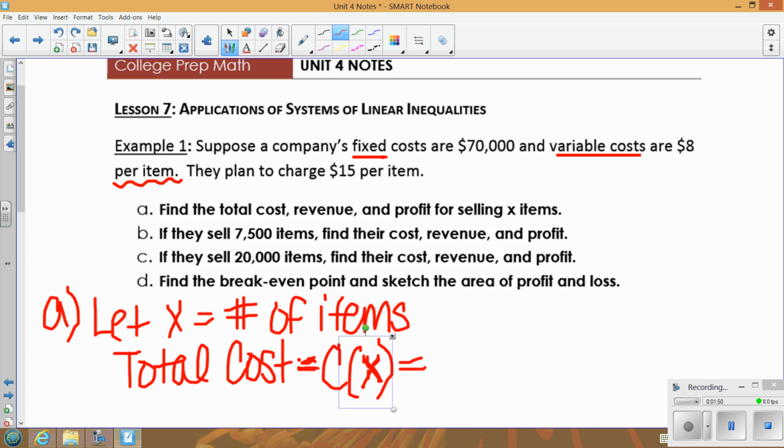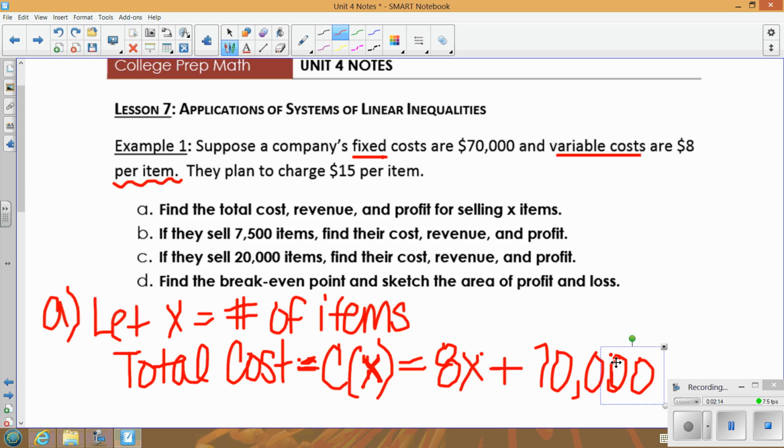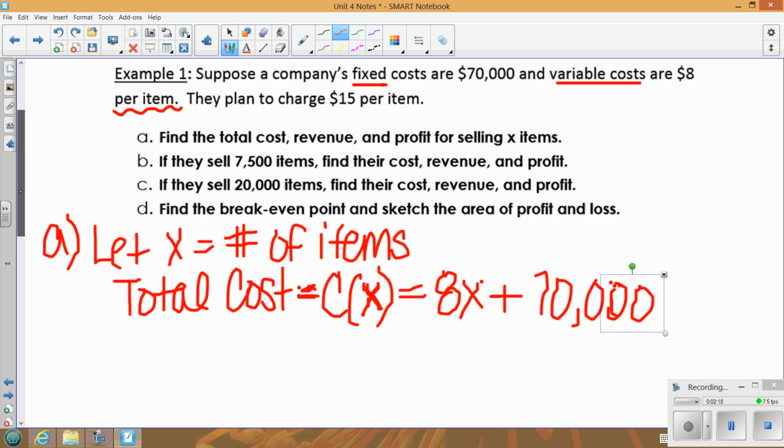And the total cost is going to be $8 per item plus the $70,000 fixed cost. So it's going to be 8 per x, which really means 8 times x, plus the $70,000 fixed cost. They have to always pay that $70,000, and then the $8 is going to depend on however many items they sell.